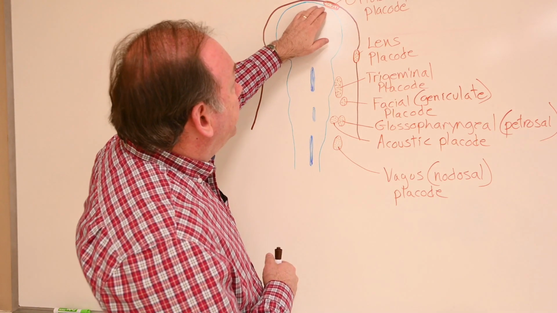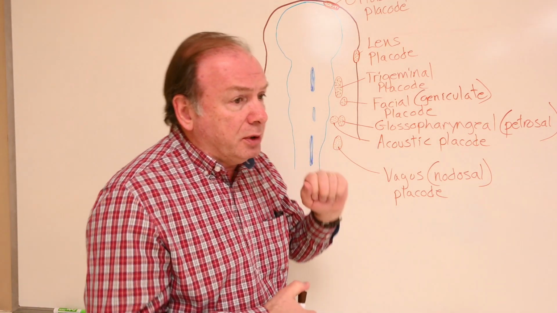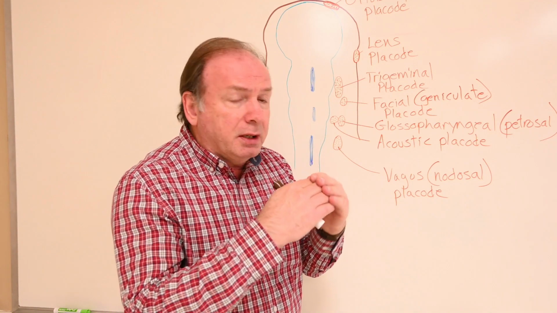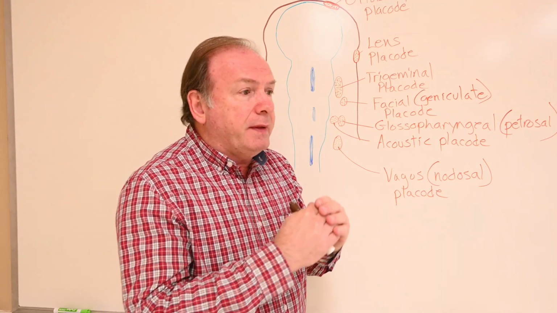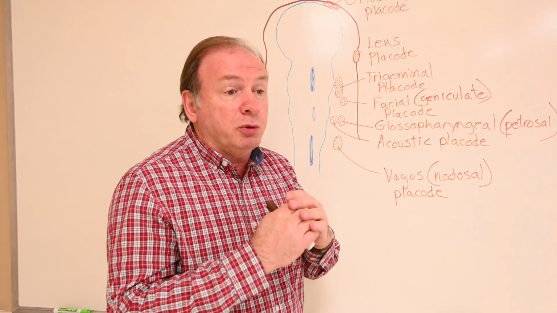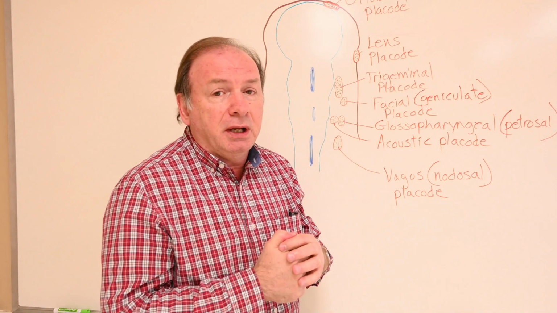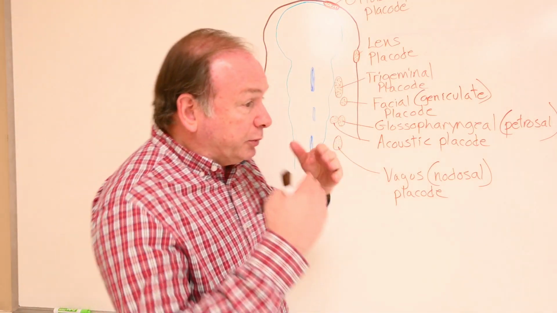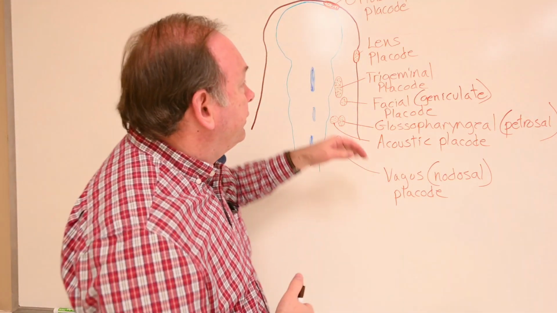I have some labeled here. First of all, the olfactory placode is a little bit different than all of the others, but it sets up a plate of olfactory cells that will develop into neural cells that relay signals into the brain and the olfactory lobe. So that develops first from surface ectoderm on the front of the head.